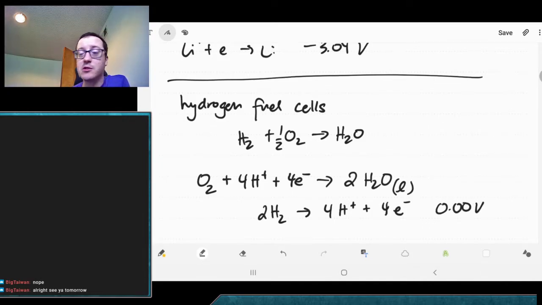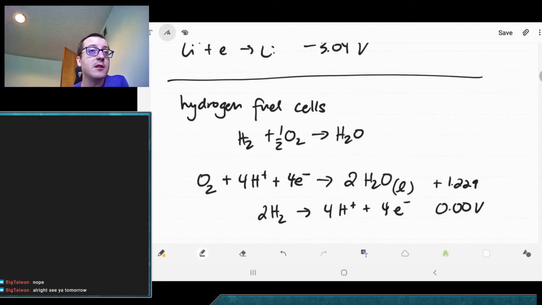We have our standard hydrogen electrode here, and then the one for the oxygen reduction. Let's look it up. Oxygen reduction. Okay, there it is. This table's too big. Okay, plus 1.229.